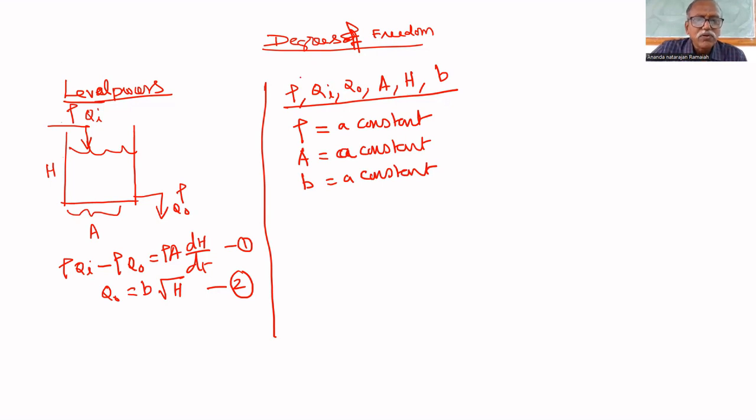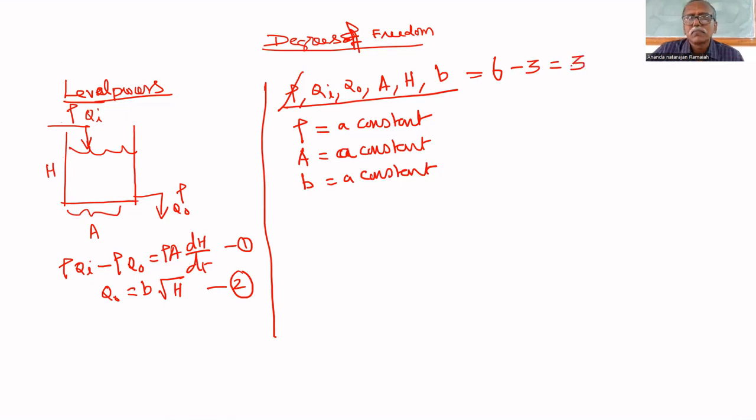So we can strike out these constants. How many variables? 1, 2, 3, 4, 5, 6. Out of 6, 3 are constants. So if you remove that, you will get 3.